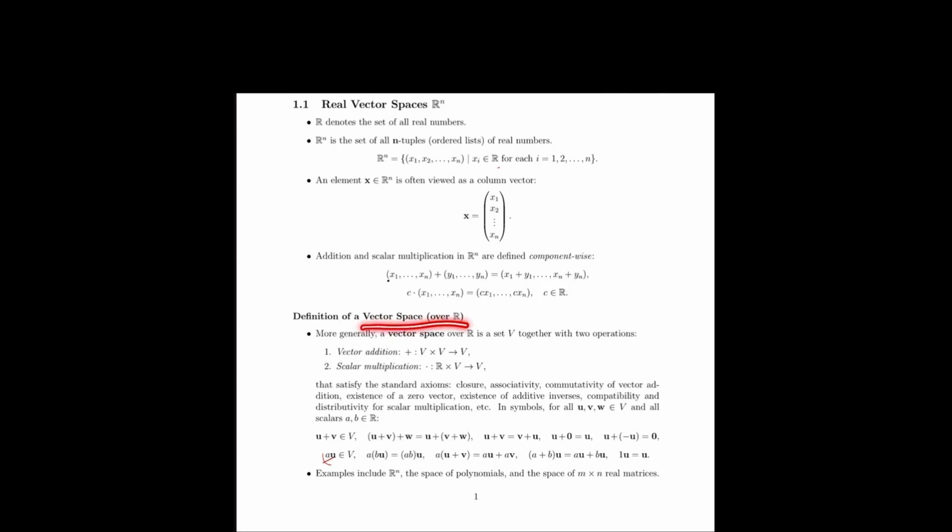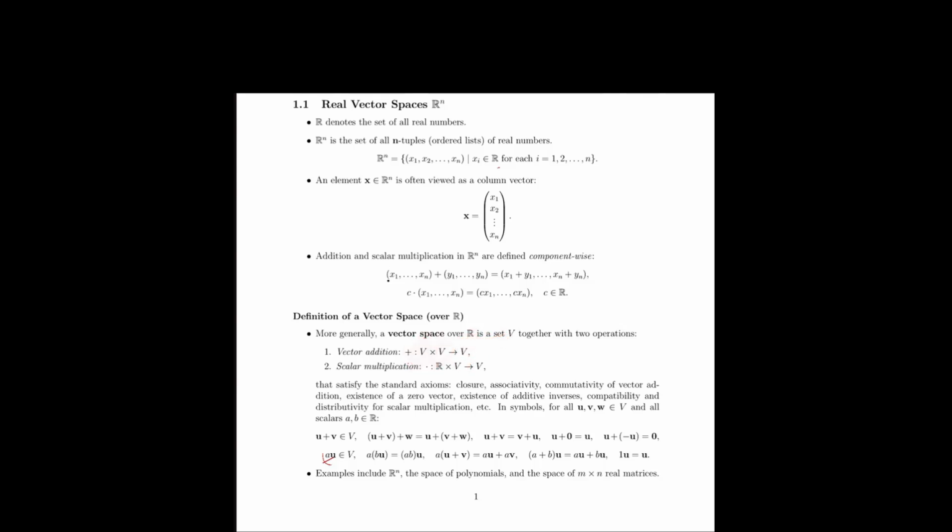So a vector space, what is the definition? A vector space is a space in which you have two different operations, addition of vectors and scalar multiplication. For addition, you can have two vectors from the space V. If you add them, the result would be another vector that belongs to the same space.